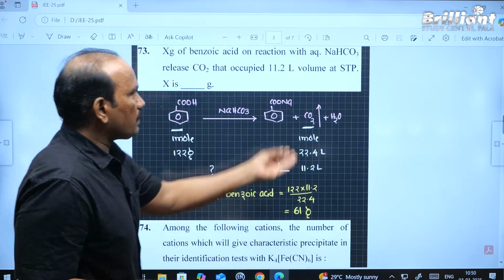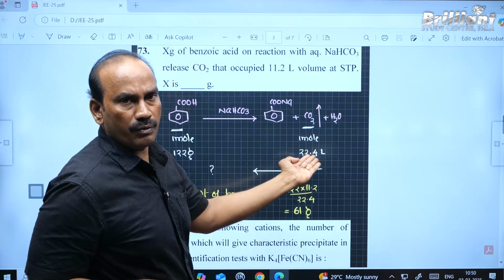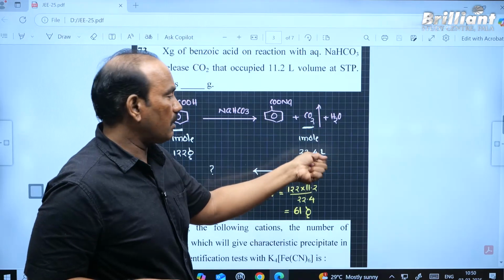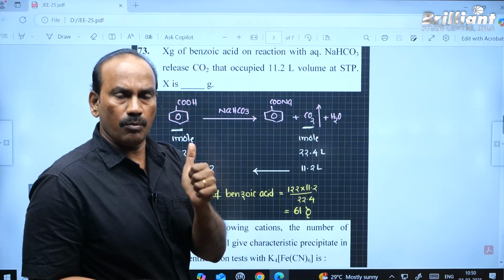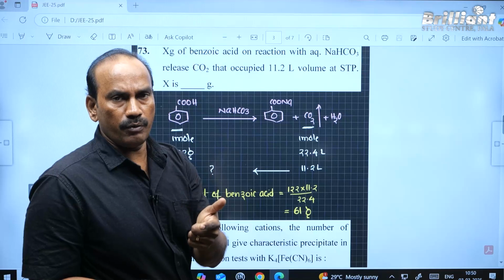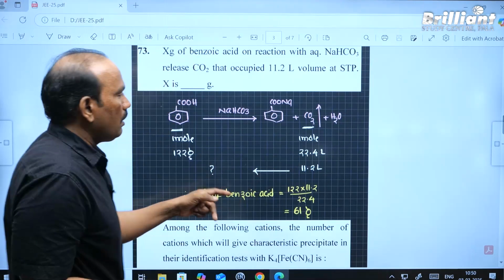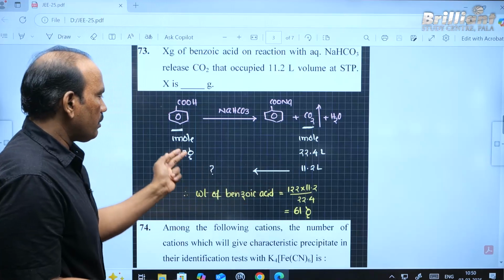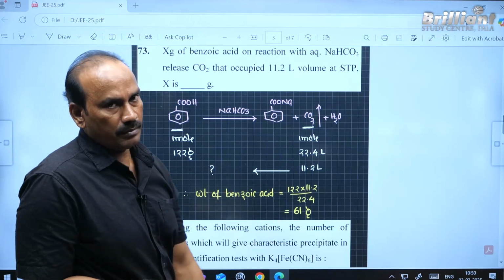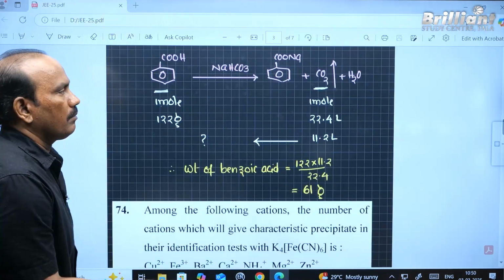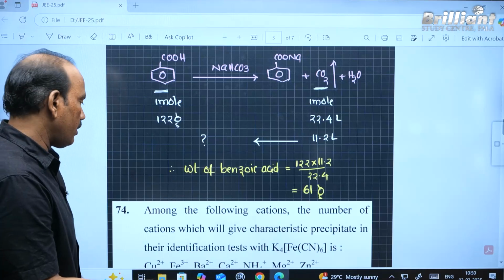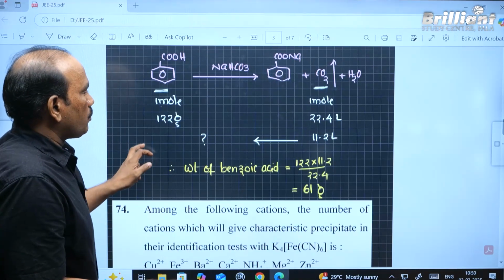Okay? Also if weight is given, we take 44. Based on the given data, we take 1 mole equal to molecular mass or 22.4 liters or Avogadro number of molecules. Okay? We want for 11.2, how much? This is divided by 61. Clear? Okay. Next one.